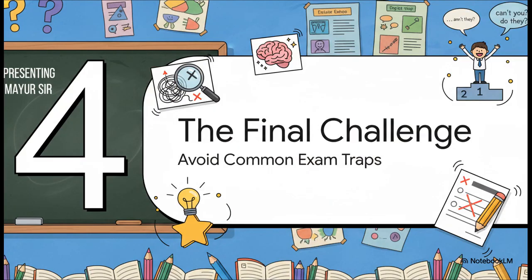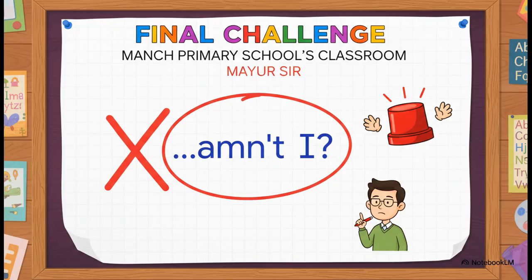Okay, you're doing great. Time for the final boss battle. Just kidding. But this is the final challenge. Let's look at a couple of common traps that a lot of people fall into, especially on tests. If you can avoid these, you'll really sound like you know what you're doing. So here's trap number 1. It's a classic. When you have a sentence like, I am late, your brain logically thinks the tag should be, amn't I, right?